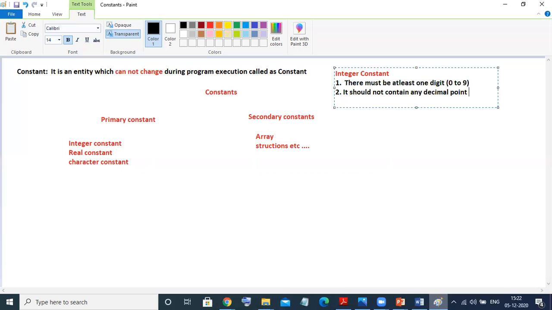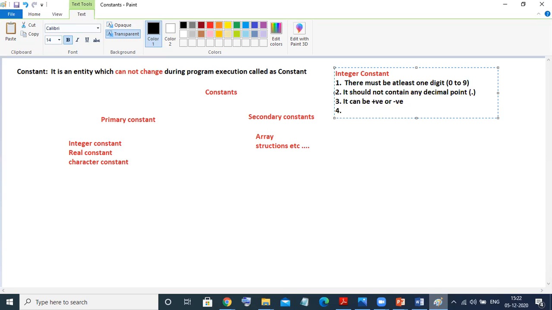Decimal point means a dot in between the digits. Third thing is it can be a positive number or it can be a negative integer.